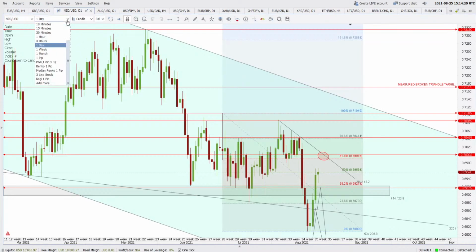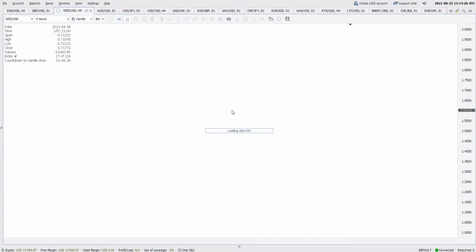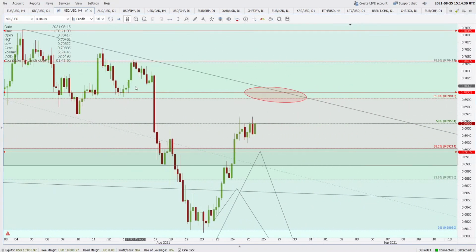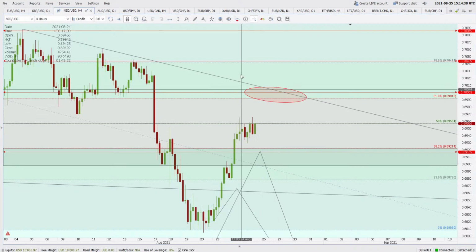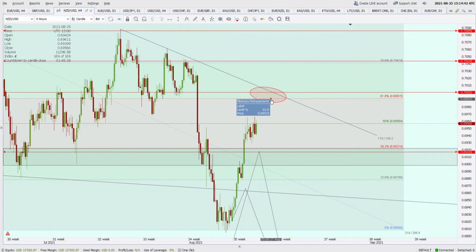So I'm expecting 0.7000 to act as a good resistance, which is right now, let me see how many pips away it is. Right now it is almost 45 points away, and it seems very likely that the price will go and test this area as the fresh resistance.